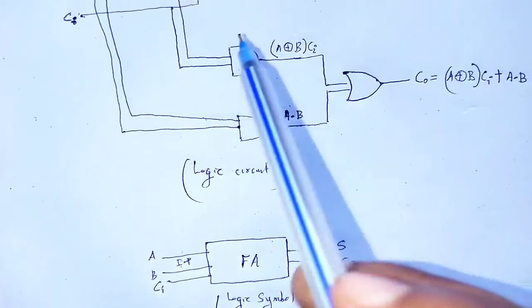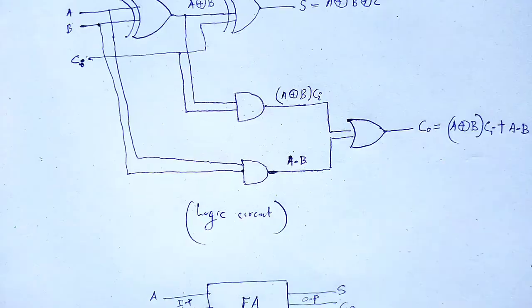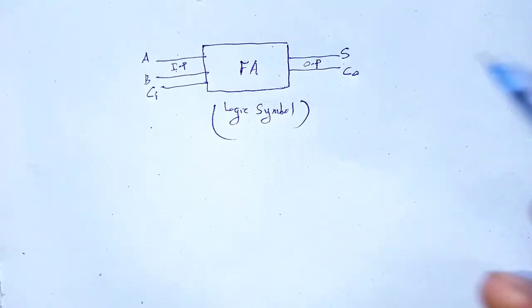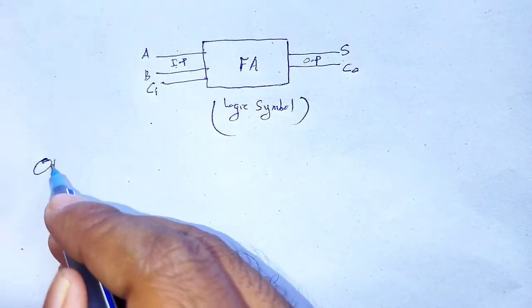So instead of using that circuit, by combination of two half adders we can perform the same actions.